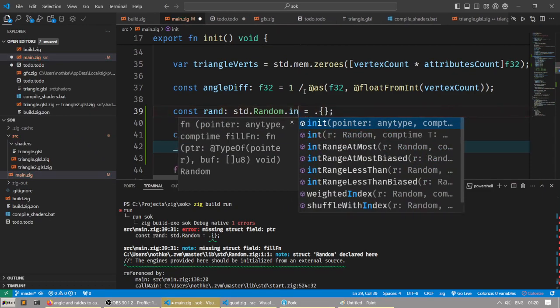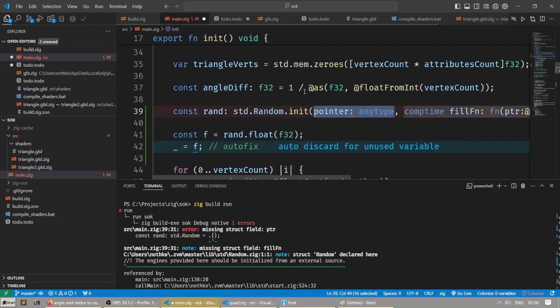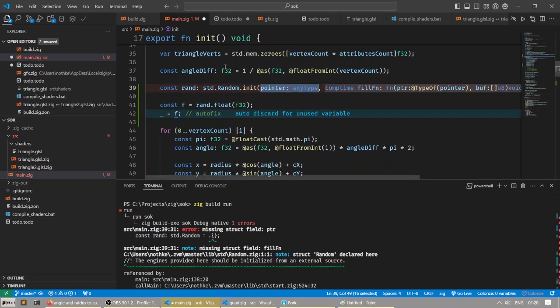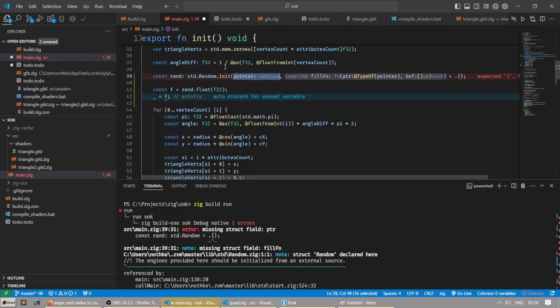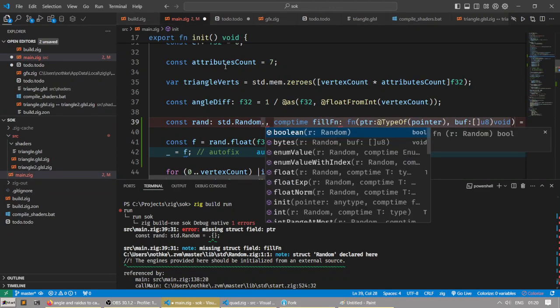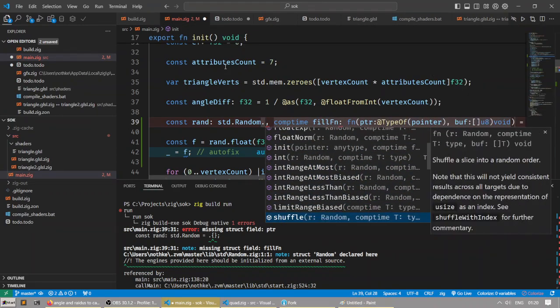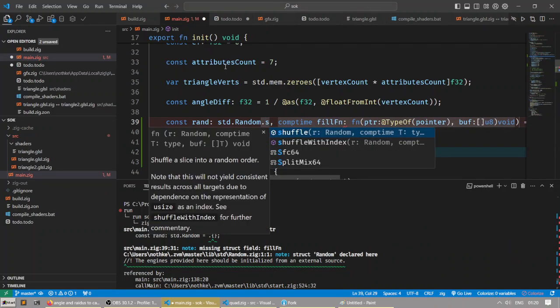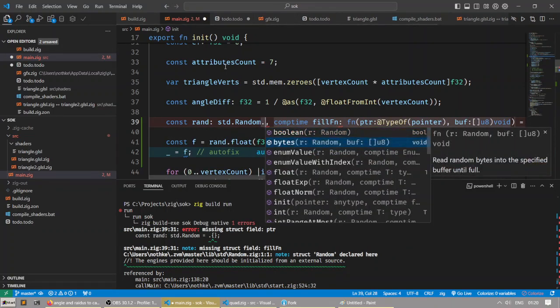So is there init? Yes. Why is there a pointer for a random? Interesting. How do you use it in it? How do you create a random?